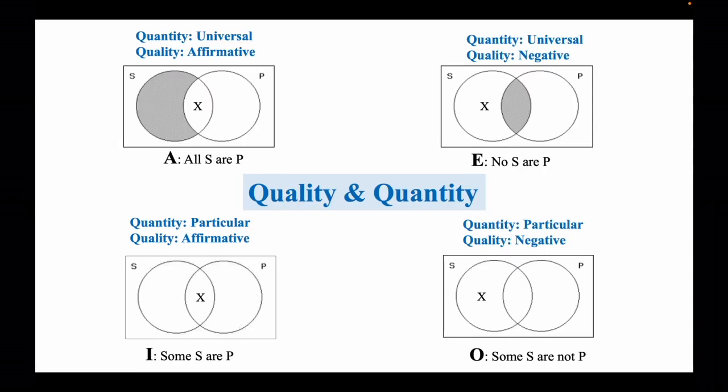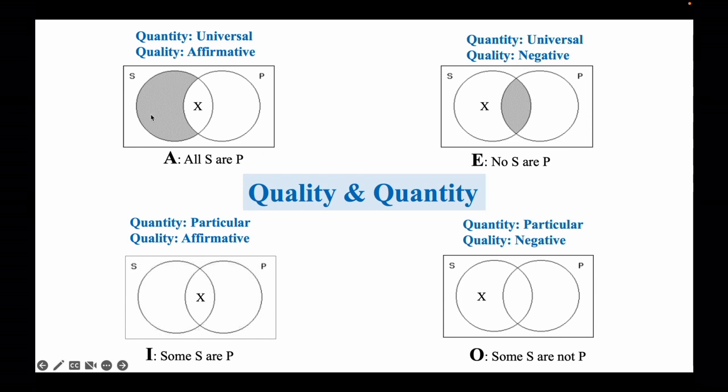Okay, the next thing that I want to review is the quality and the quantity. By quantity, it's obvious. The word itself suggests what quantity means. Quantity has to do with how many objects, how many members. Now, the quantity can be universal or particular.